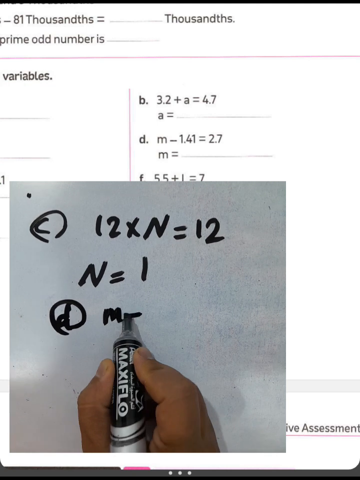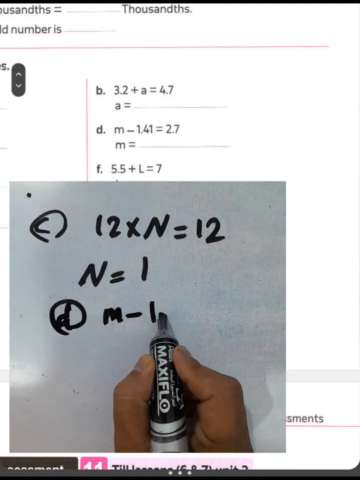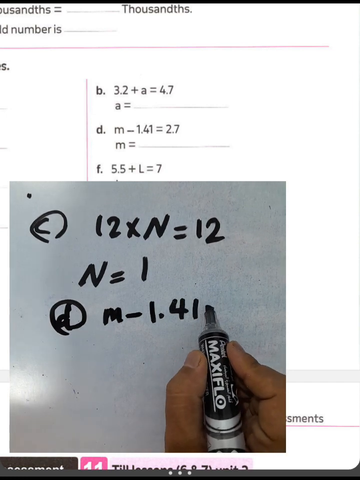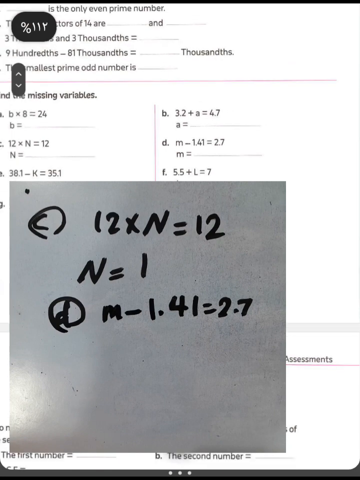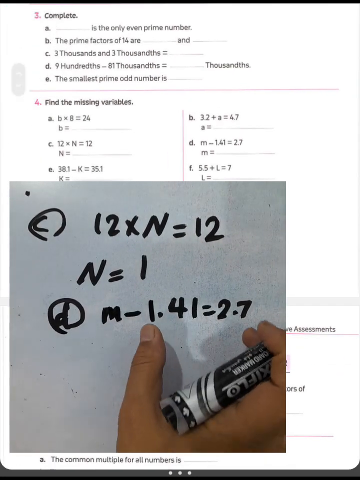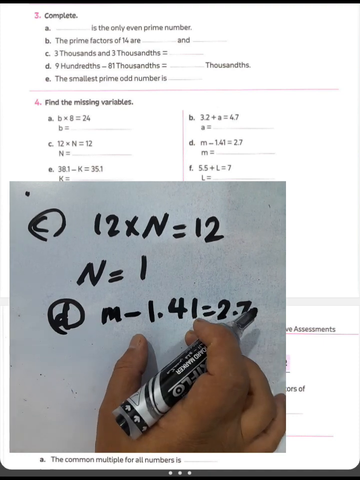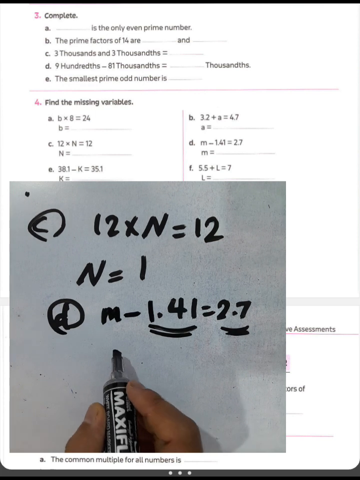M subtract by 1.41 equals 2.7. We can find the unknown here in this example. To find the sum of this number, we call it the subtrahend, and the difference between two numbers is 2.7.